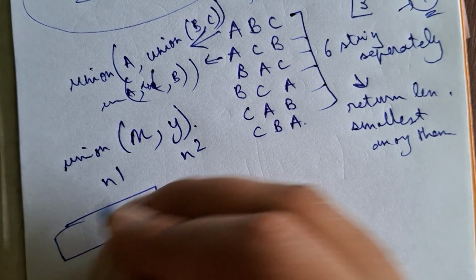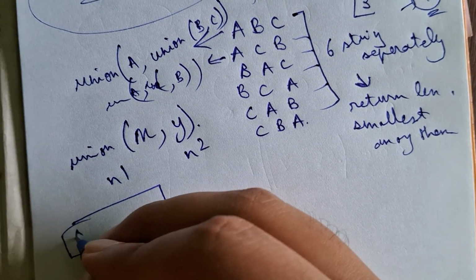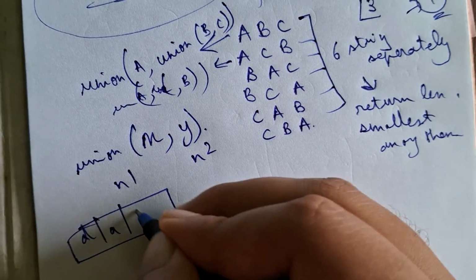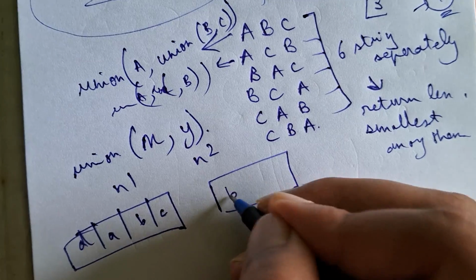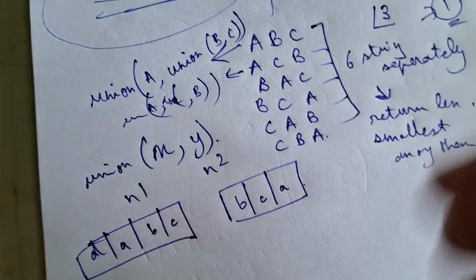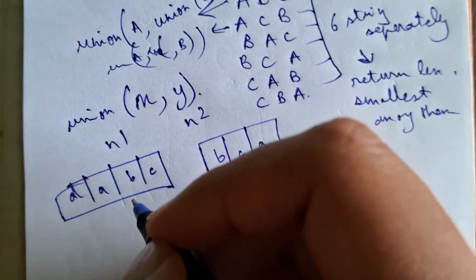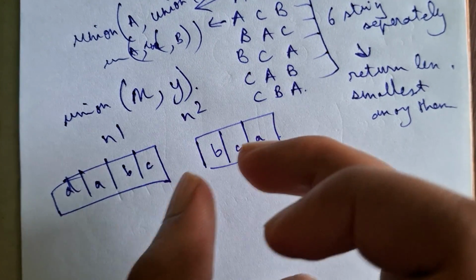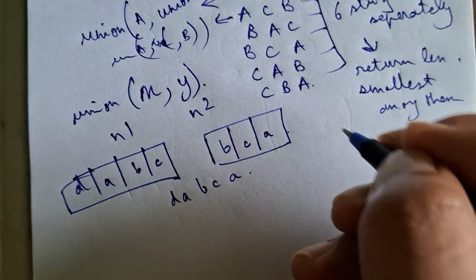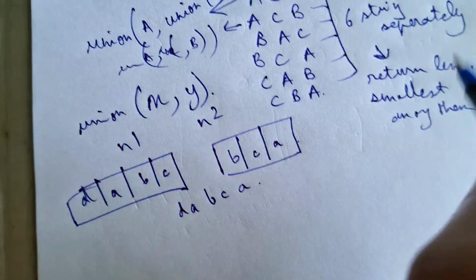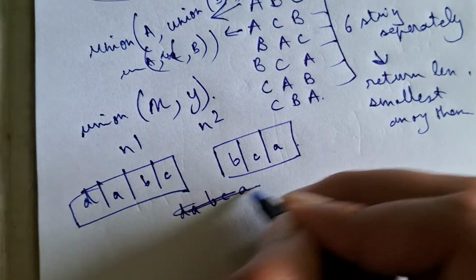Let's say X is DABC and Y is BCA. It is very much evident from this that we can merge this BC and BC and make it DABCA, right? So this is what union of X comma Y would look like.